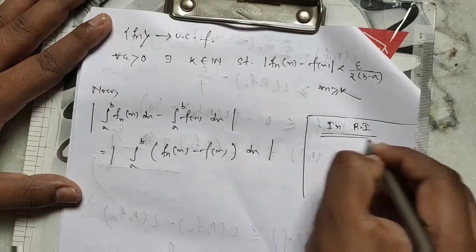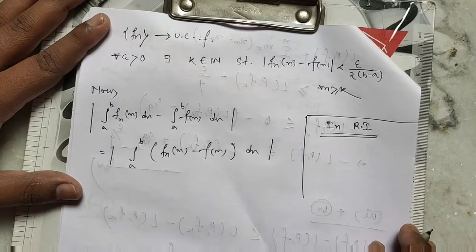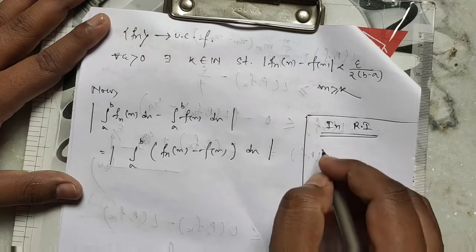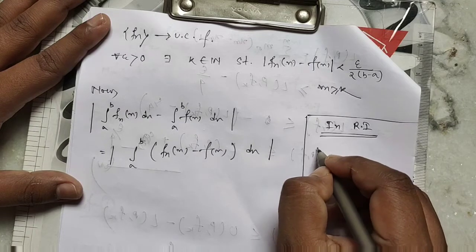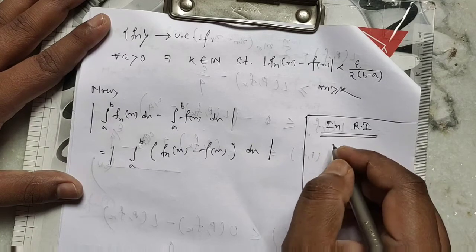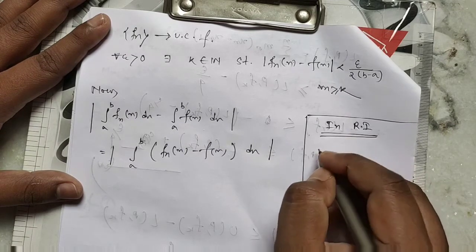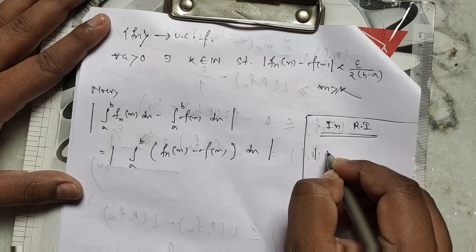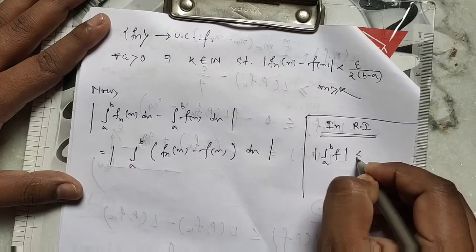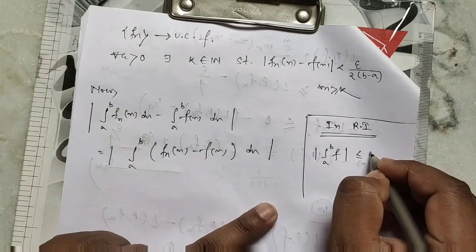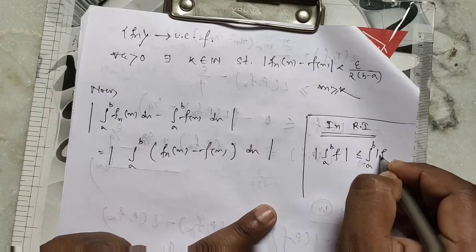Now in the Riemann integration chapter, we have a result: if f is Riemann integrable, then mod of integration a to b f is less than or equal to integration a to b mod f.